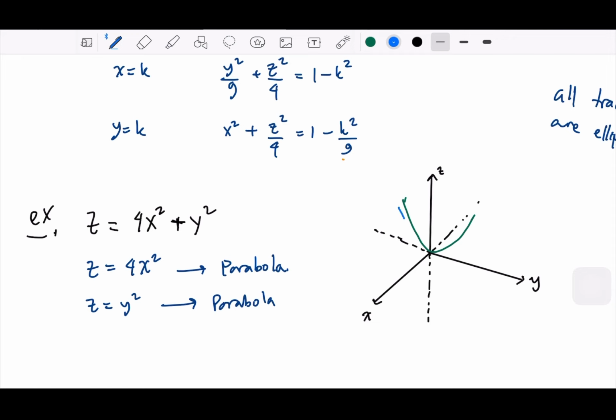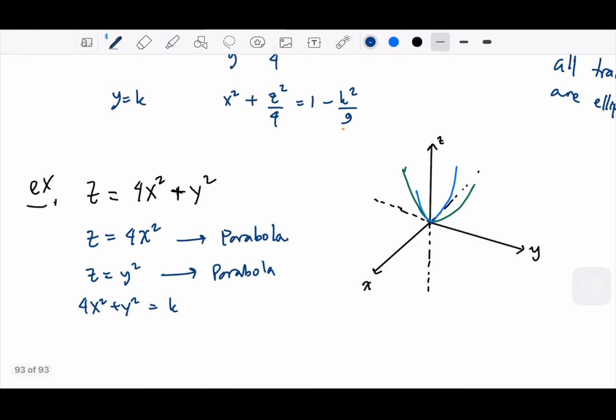That's the parabola. And the other one is on the XZ plane. That's the blue one. Okay, we have two parabolas now. We make some adjustment on the drawing to make it easier to observe and analyze.